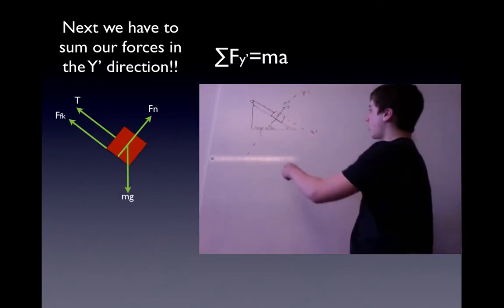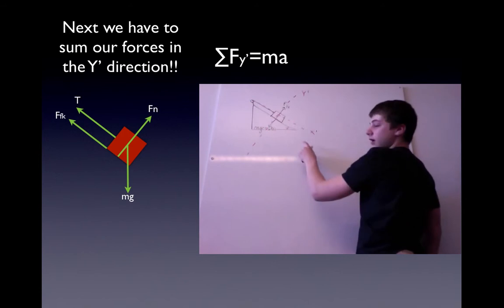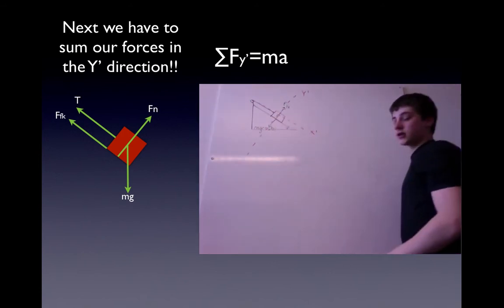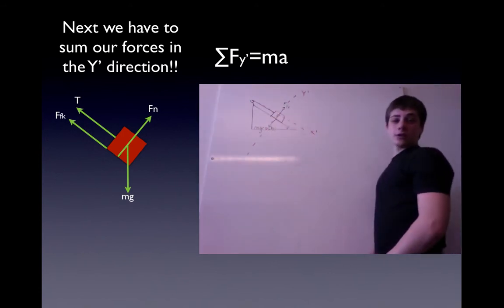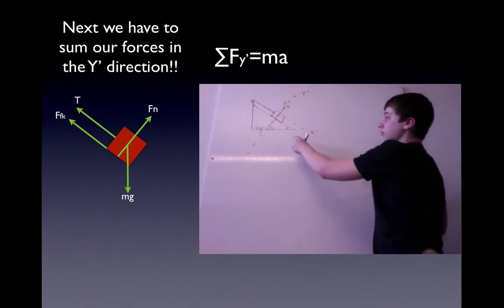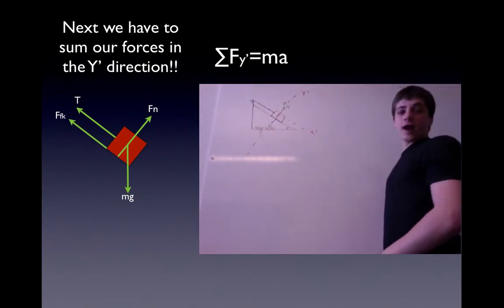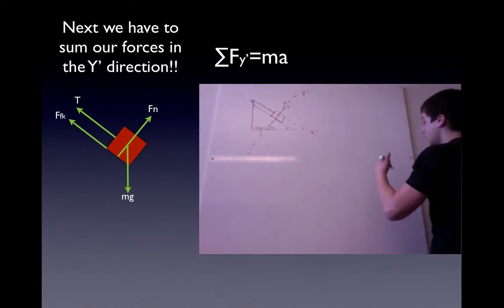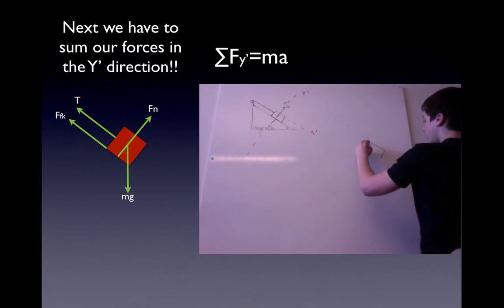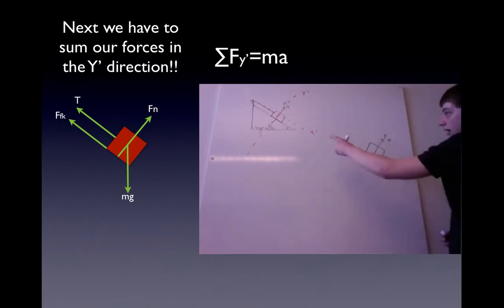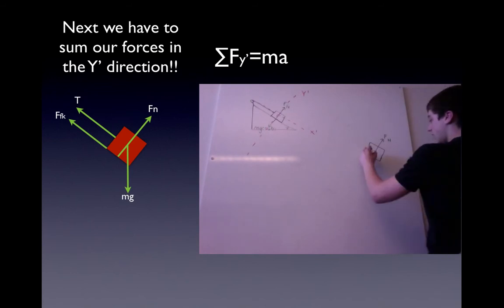Okay, so we called this our y prime direction and this our x prime direction. First, we're going to sum the forces in the y prime direction. To do that, we had to break the force of gravity into component form. So if we have the box, the normal force is acting upwards, same as in the diagram over there, and gravity is down.